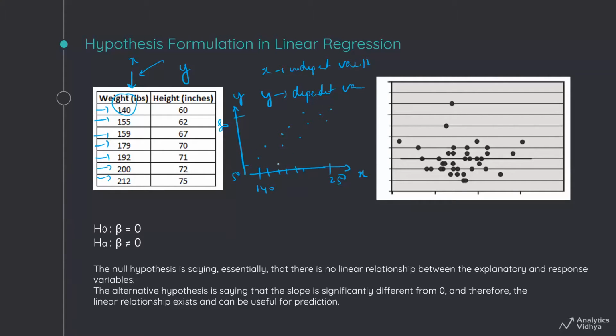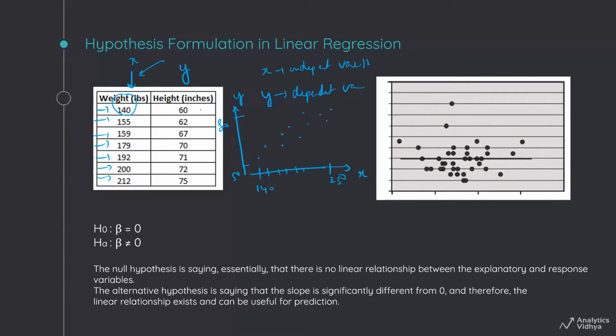You find a linear trend here. Even though the points are a bit scattered, you find a linear trend between height and weight. As weight increases, your height increases in general. There might be certain outliers, certain points which do not follow, but in general, you find a linear trend here.